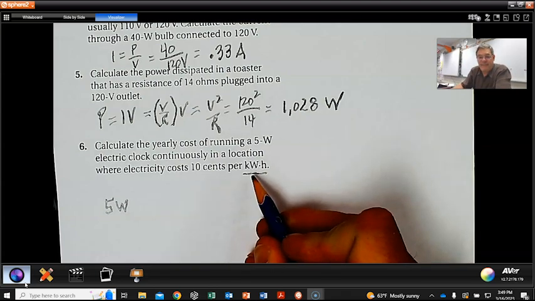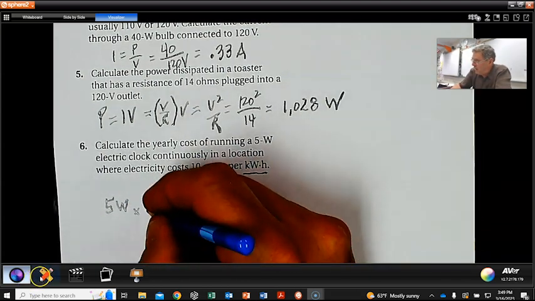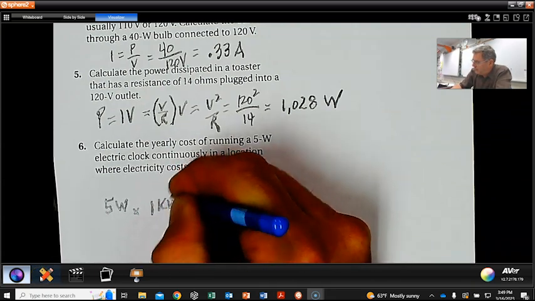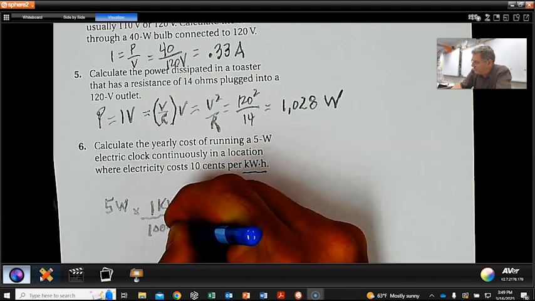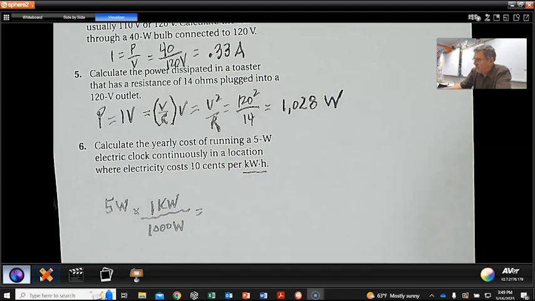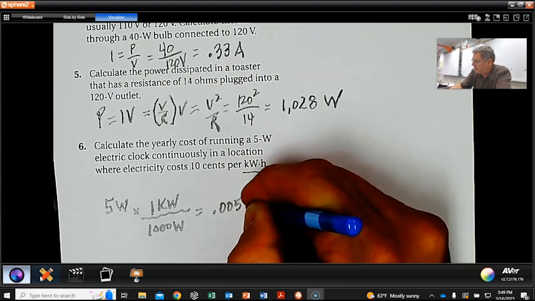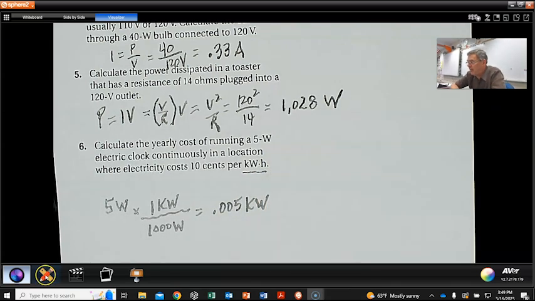So I have to convert that to kilowatts. So I'm going to multiply by my unit converter. I know every kilowatt is the same as 1,000 watts. So when I do that multiplication, I get 0.005. Okay, so that's the power of my electric clock.